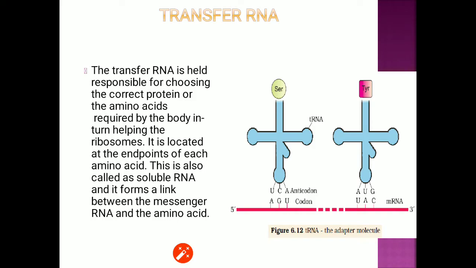That site is the 3' end and it is called the amino acid acceptor site. You are able to see a loop which is termed the anticodon loop. So this is the basic structure of transfer RNA.